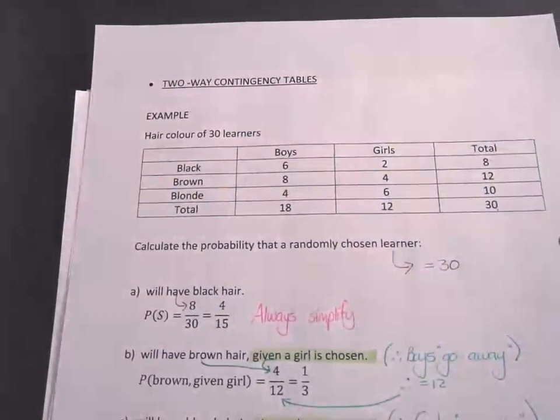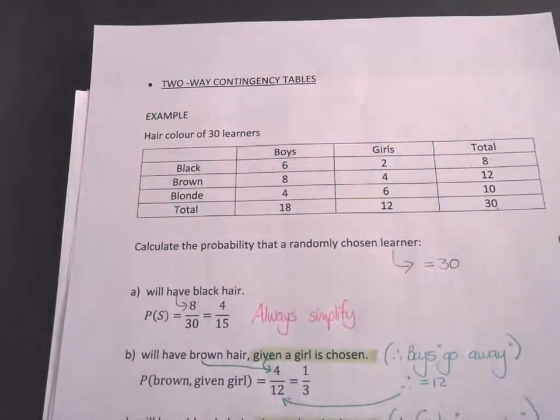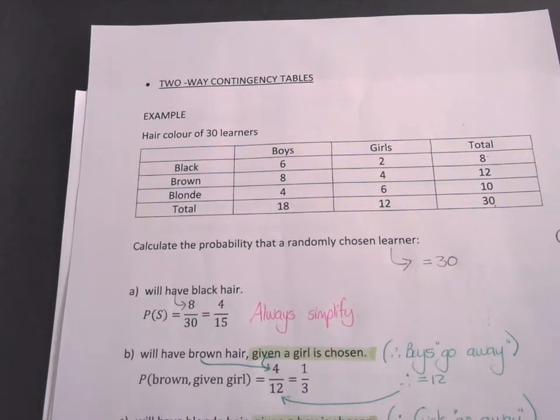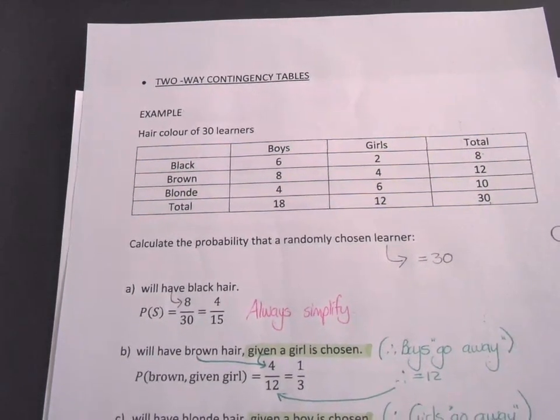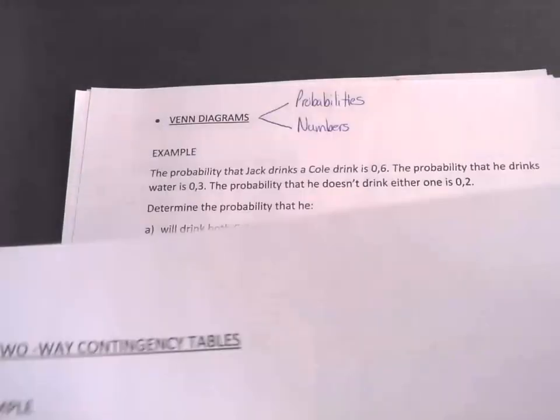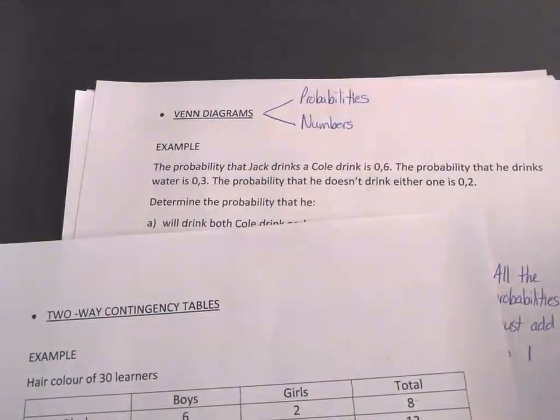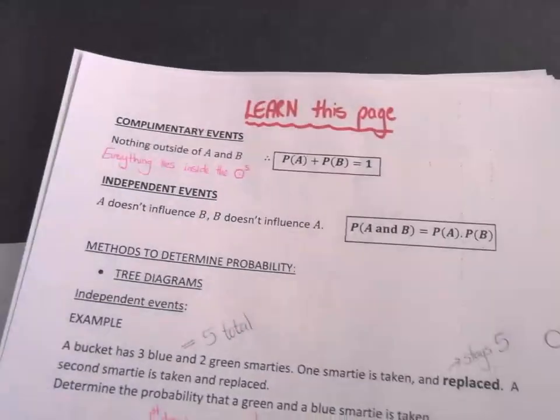Ask again slowly. Can you please do an example of how we can see that the hair color is dependent or independent, that calculation? If I ask that, you must use this formula.